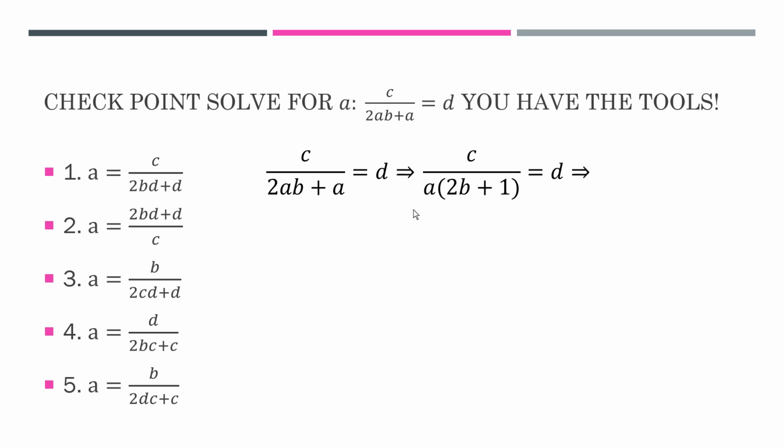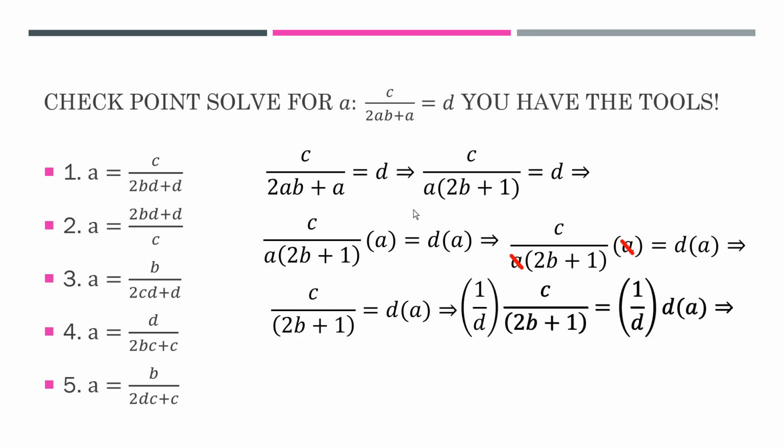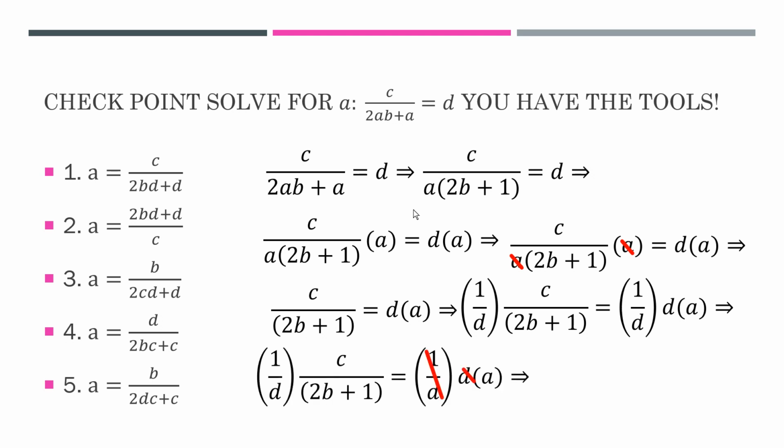So notice that we had to extract the a, and then we're going to multiply both sides by the a, leaving us with canceling on one side, c divided by 2b plus 1 is equal to da. Now we just divide both sides by d, or multiply by 1 over d. That cancels the d on one side, leaving us with c is equal to 2b plus 1.